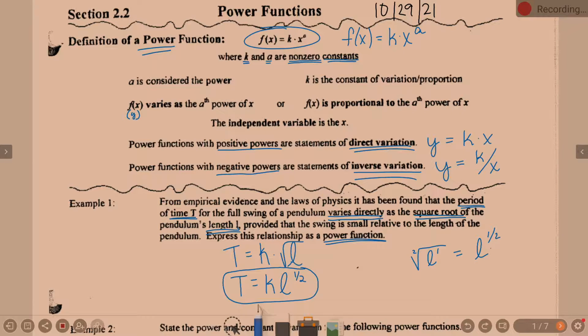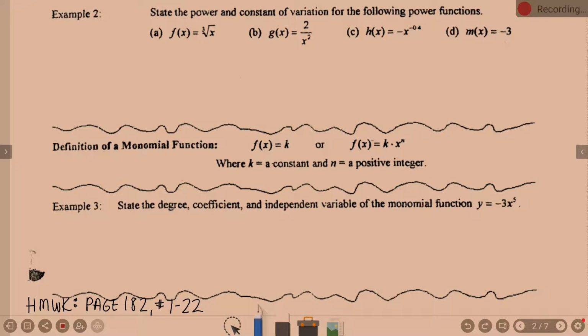Let's look at example 2. Kind of like what we did with polynomials, but state the power and constant variation for the following power functions. My goodness. So, first of all, remember the form of the power function? The form from up above, I'll write it since I'm scooted down here.